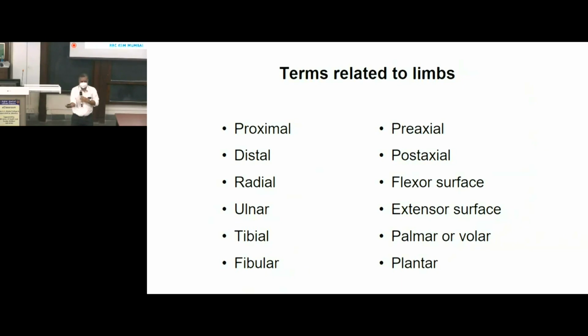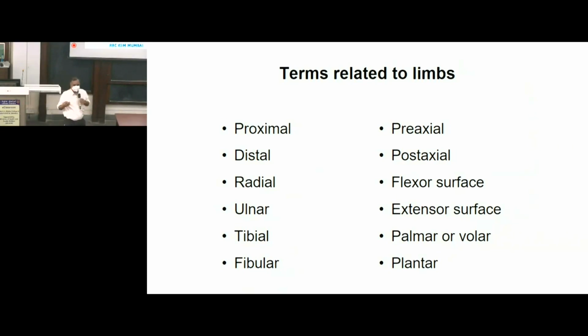Inner border becomes postaxial for upper limb. Lower limb rotated inwards during development. So the preaxial border is the medial border and the postaxial is lateral border in the lower limb. The concept is this. Both the limbs were like this. Afterwards, rotation happened in the opposite direction. So that's the concept of preaxial and postaxial.